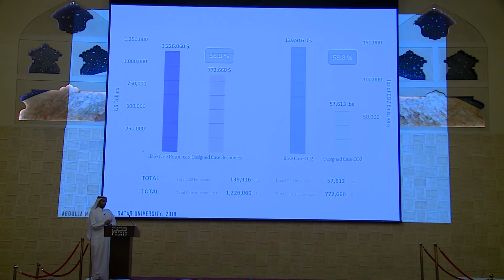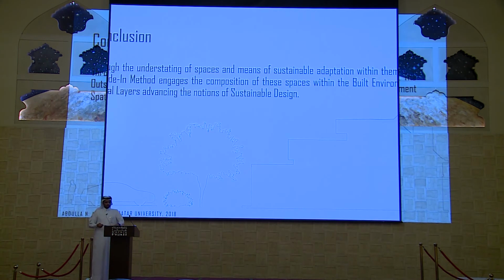And as well, if you take those elements and push them through in terms of resource consumption and CO2 emissions, there are also those benefits. And then I just want to conclude at this point that this adaptive method is focused on space, so spatial appropriations of the spatial typologies in order to achieve sustainability.